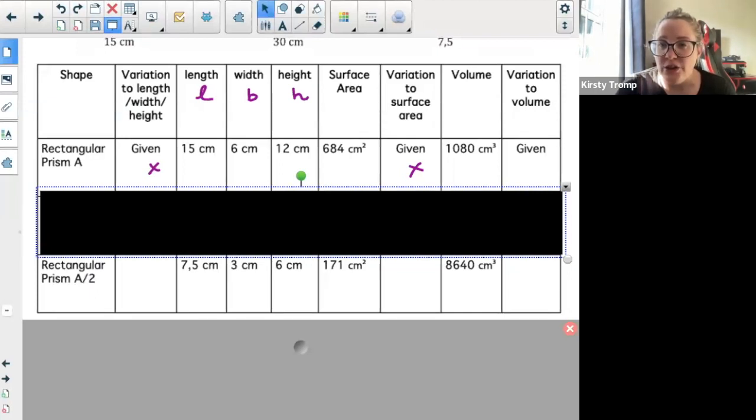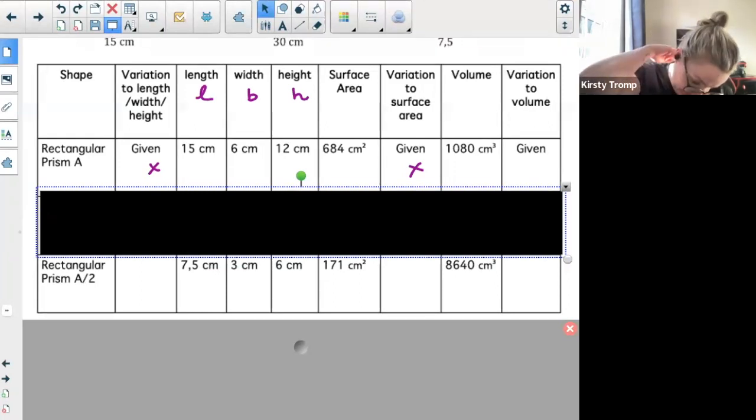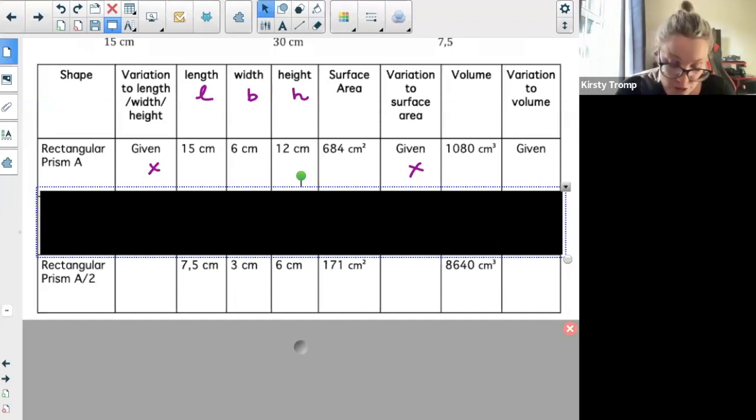Caitlin, let's go. Isn't it divided by 4? Okay, I agree with you, we're going to divide. So if I do on my calculator 15 divided by 4, because we're looking at the original, that gives me 3.75.